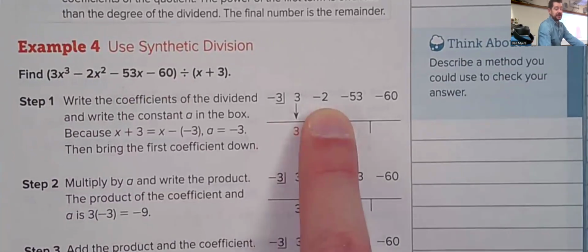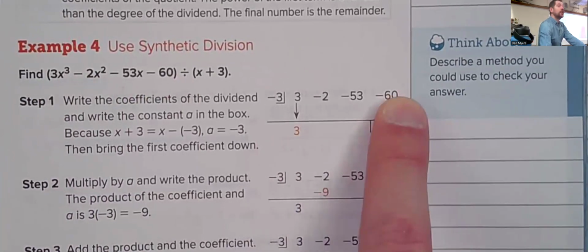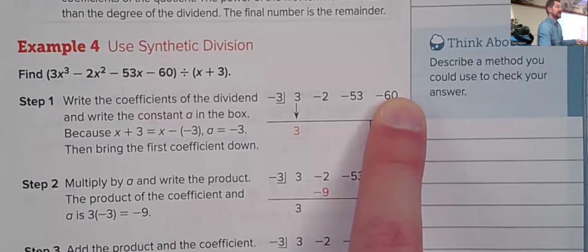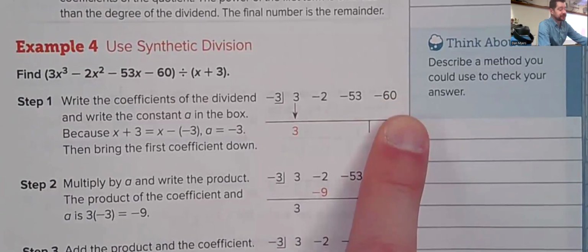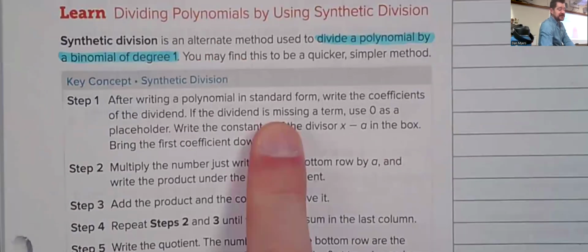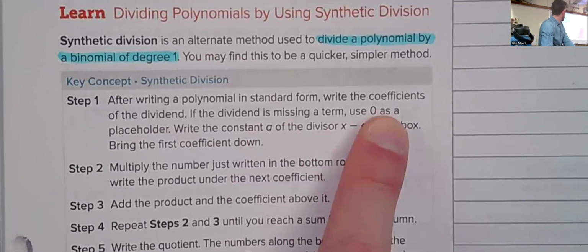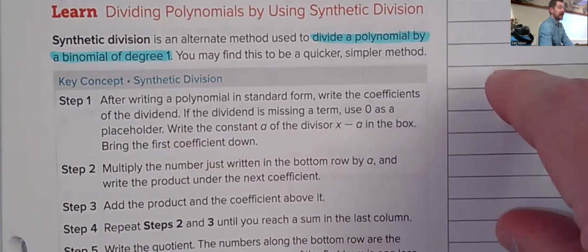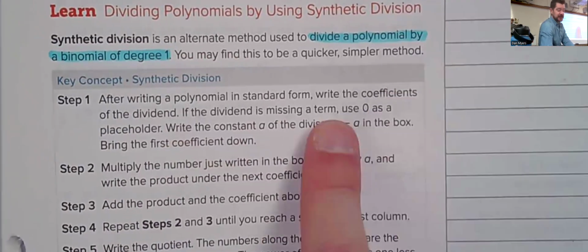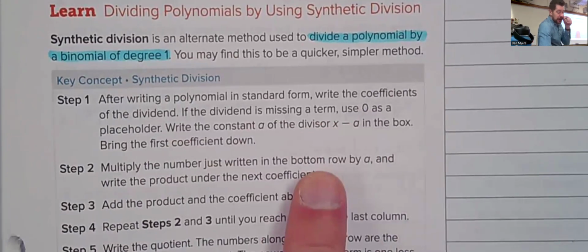We do not use the variables in synthetic division when we actually do the process. We reintroduce them at the end when we write the answer, but during the process, we just use the numbers. If the dividend is missing a term, use 0 as a placeholder. That doesn't happen on this example. I will include an example in our notes that does do that. So we'll come back to that.